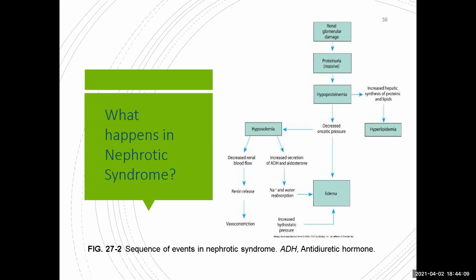And then urinary excretion of protein, especially albumin, increases. And then hypoalbuminemia develops and causes a decrease in the oncotic pressure. Good. Keep going. Good. And then there's leakage of fluid into the interstitial spaces that leads to the edema.